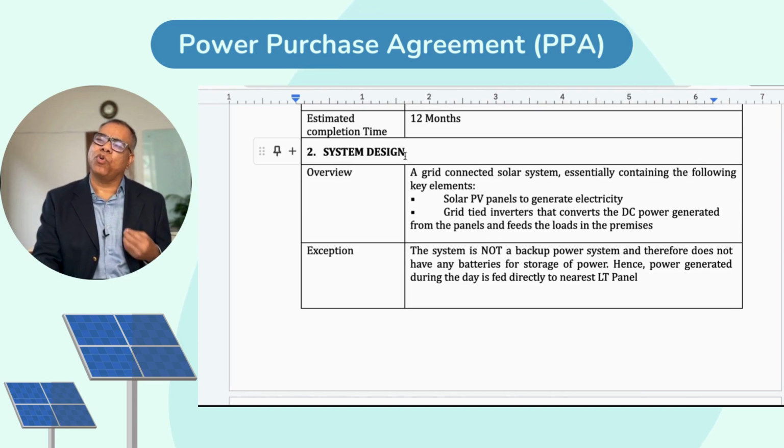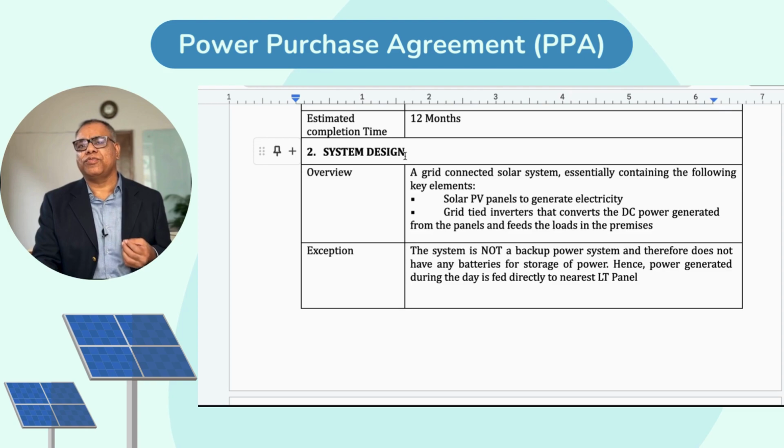Especially this shadow-free area is more important in case of the rooftop project. In a ground-mounted project, this is not that important because you have a lot of land and the shadow analysis is to be done by the developer only, and it is his duty to remove all the shadow elements.